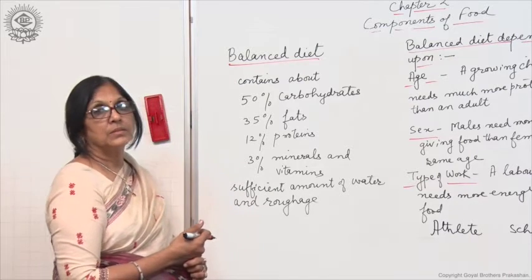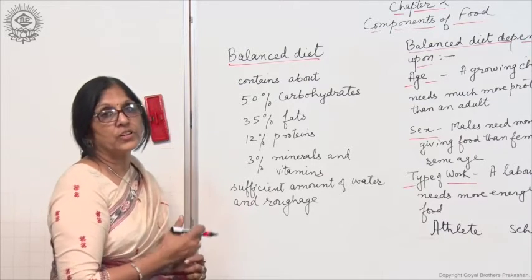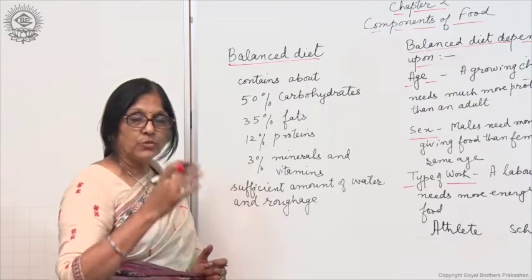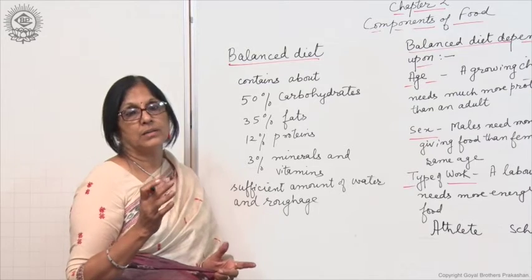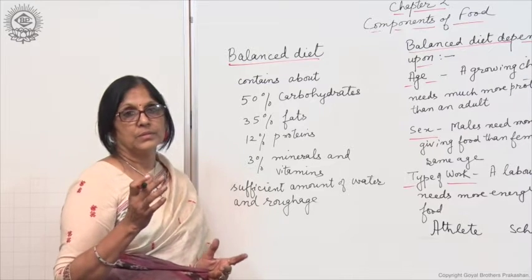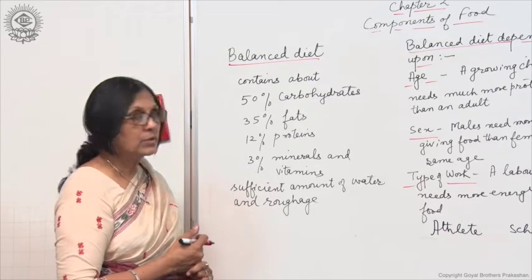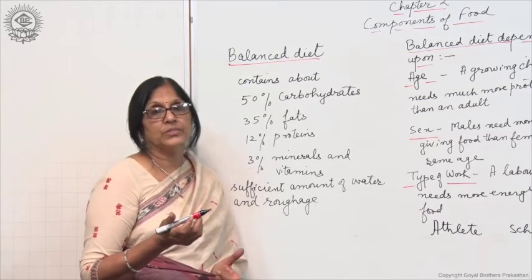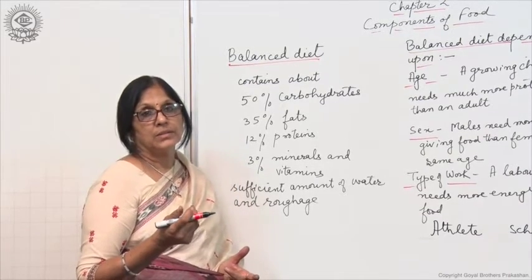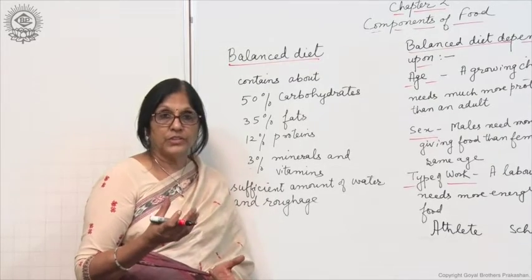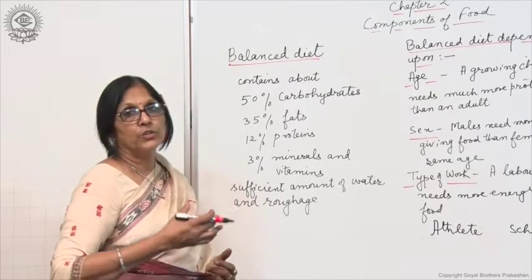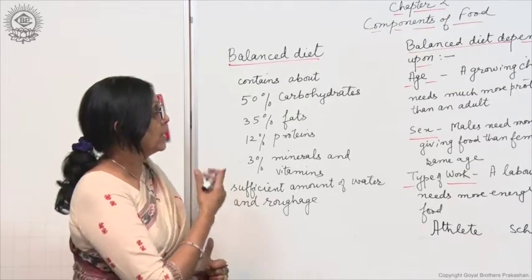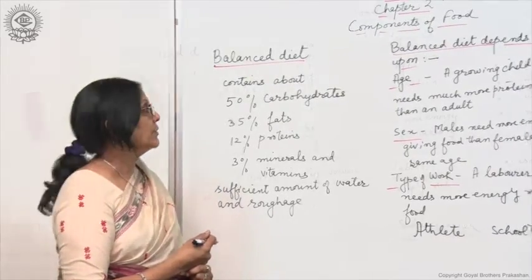So it is very much essential to include a balanced quantity of all the different kinds of nutrients in your food, because if a deficiency occurs, it will cause a disease, it will lead to poor health, and that is why a balanced diet is very much required.